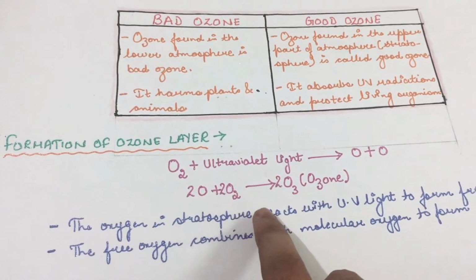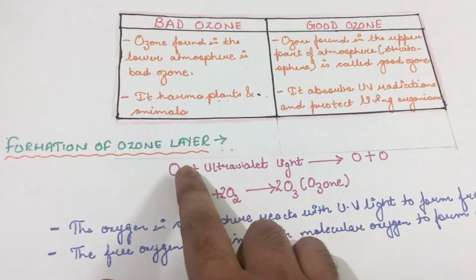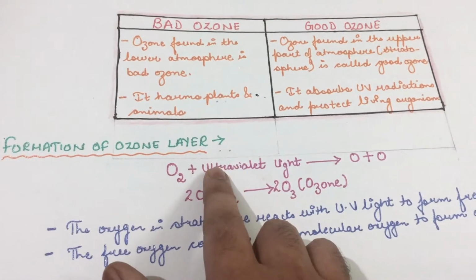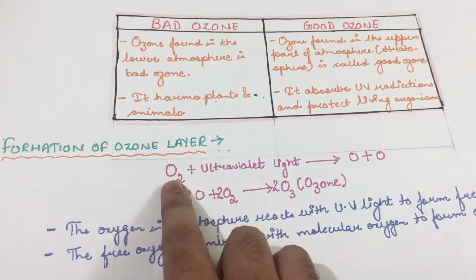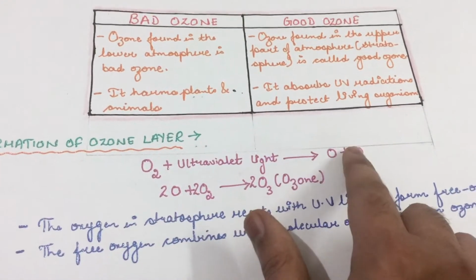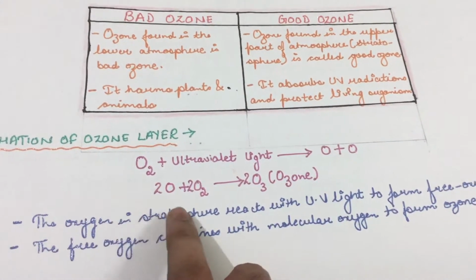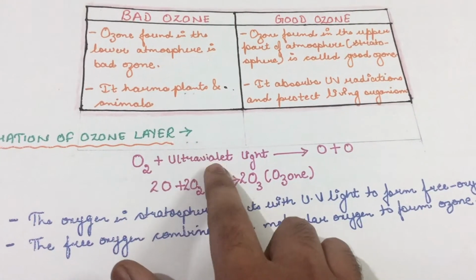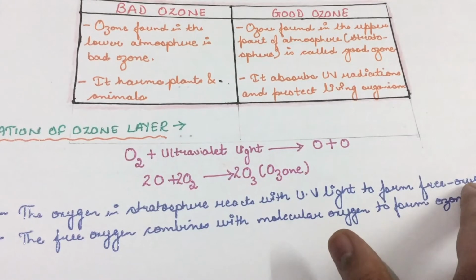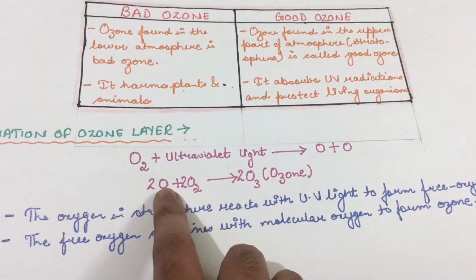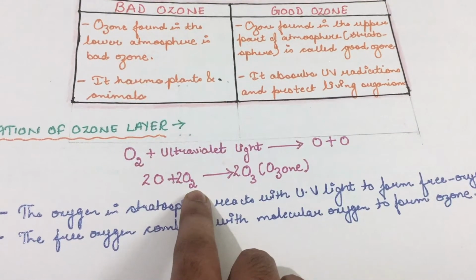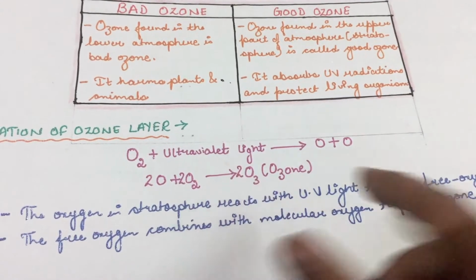Ozone is formed in the stratosphere when UV light acts on molecular oxygen to form free oxygen. This free oxygen then combines with molecular oxygen to form ozone.